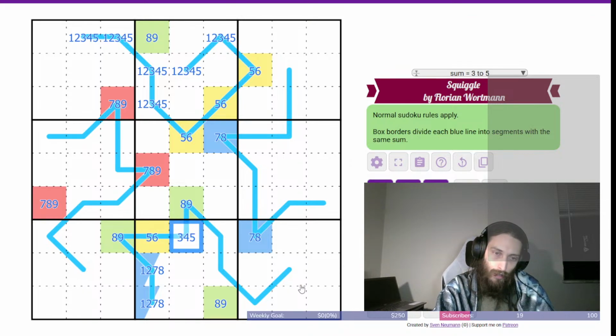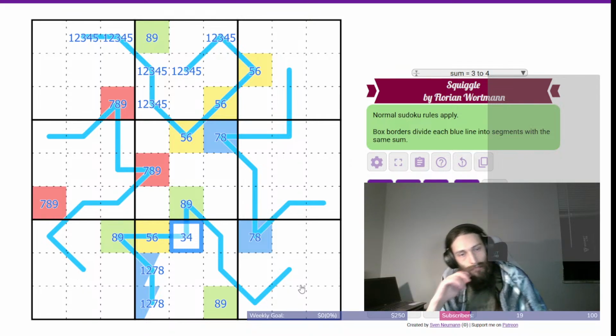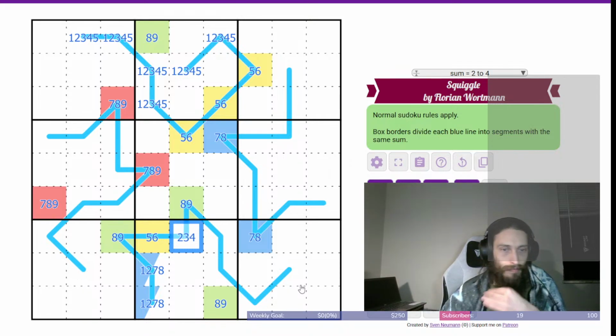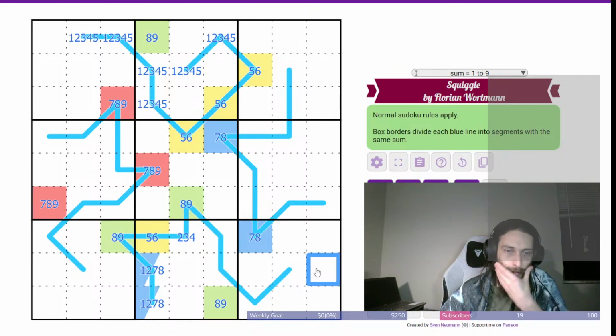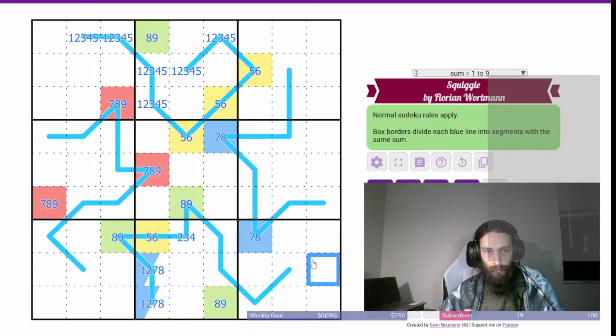3, 4, 5. No, this can't do 5 and 6. 2 and 6. Right. Would be 8. I knew I was missing something. Didn't feel right. Yeah, 2, 3, all right, or excuse me, 3, 4. All right, so red.